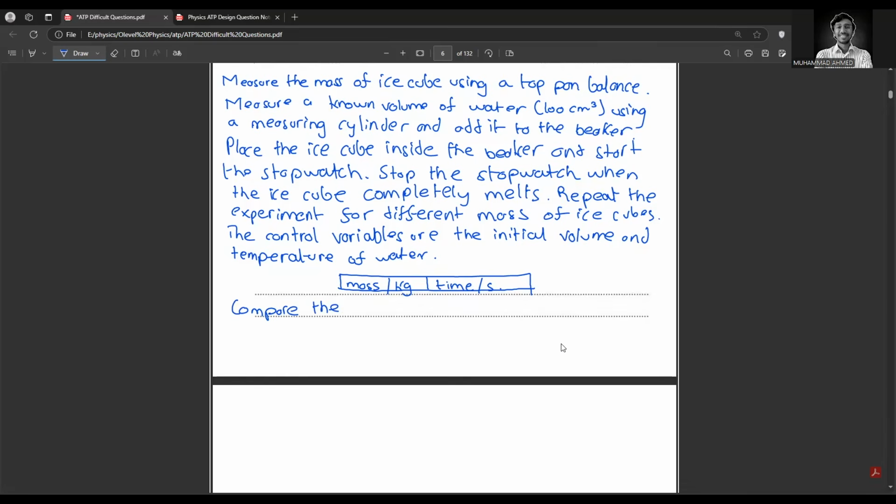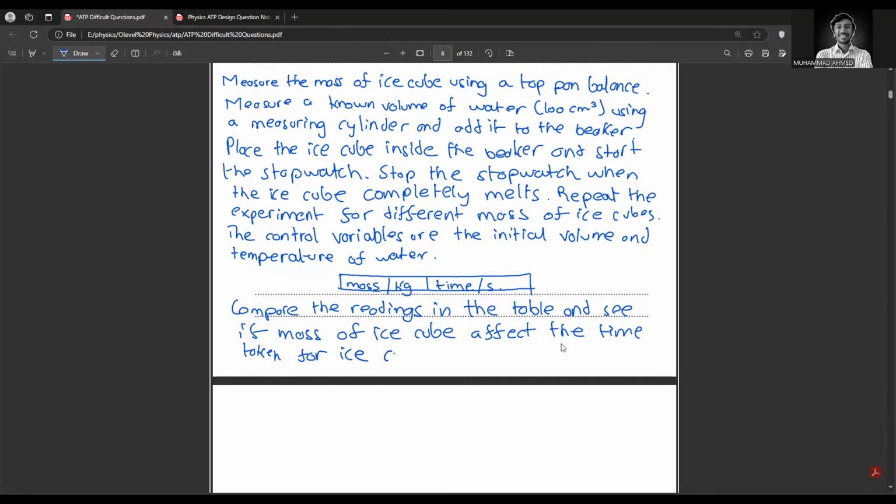Compare the readings in the table and see if mass of ice cubes affects the time taken for ice cubes to melt.